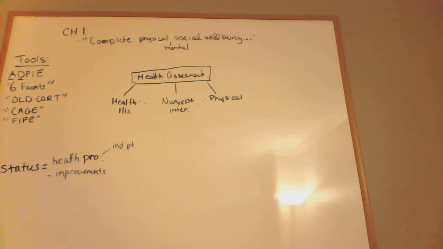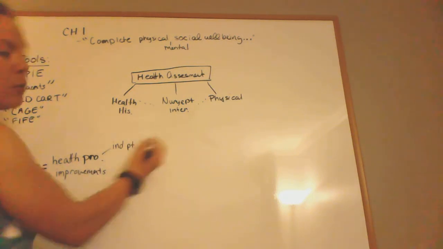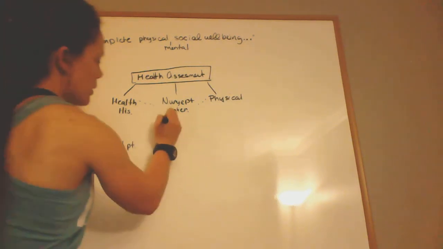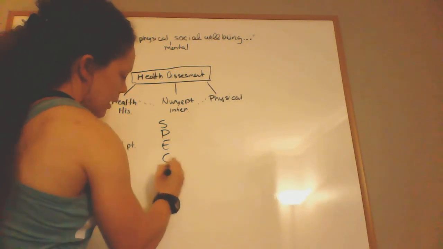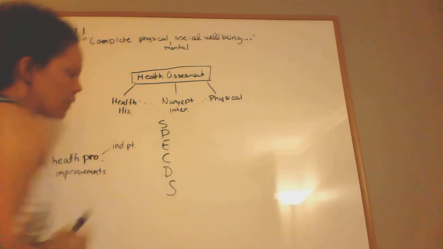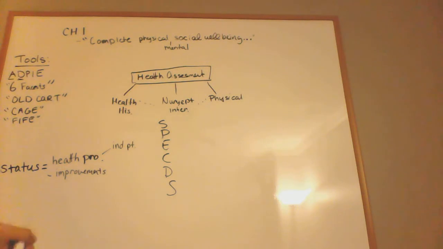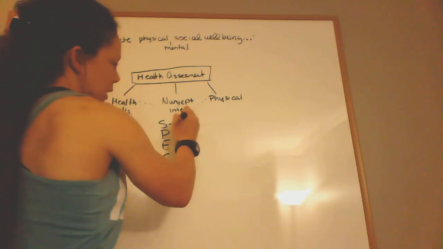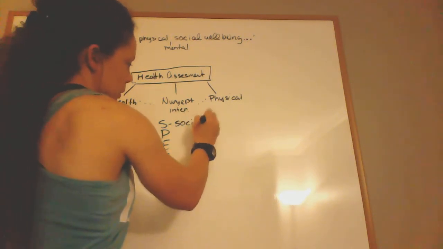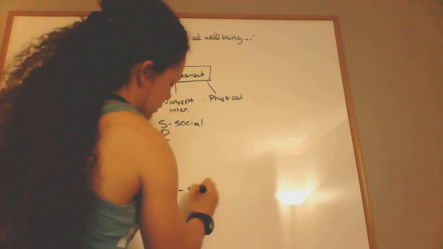Six facets, and let me see if I can find some white space right here. I was kind of looking at it like this: SPECS DS. If you can figure out a different way to spell that out, that works too. I'll start with the S's. We have social, and we have spiritual.